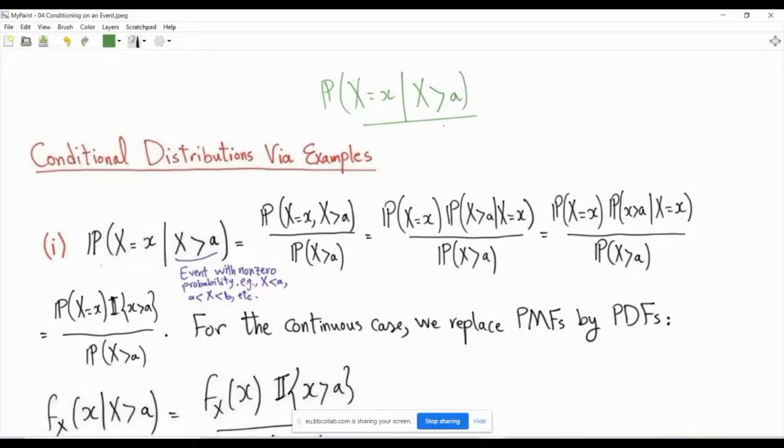So now, what is this probability? Well, apply the definition of conditional probability that we studied earlier in the course.